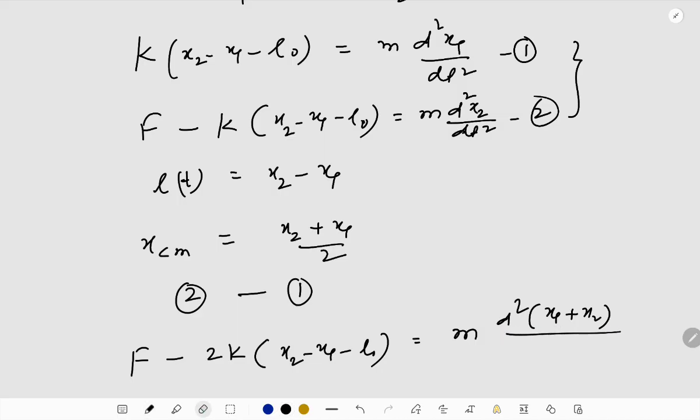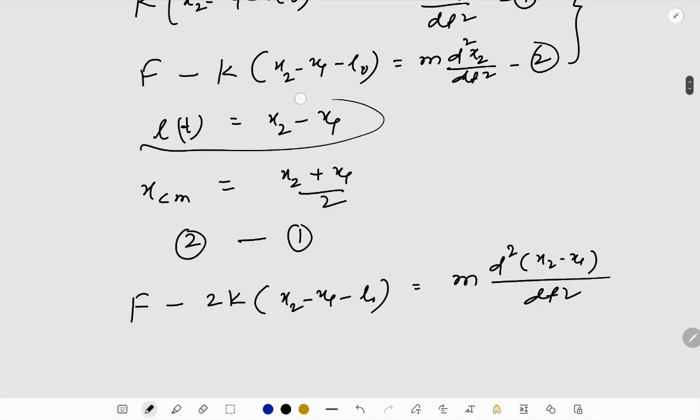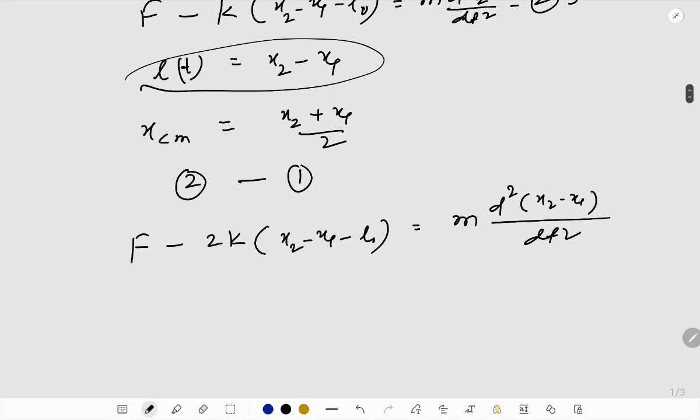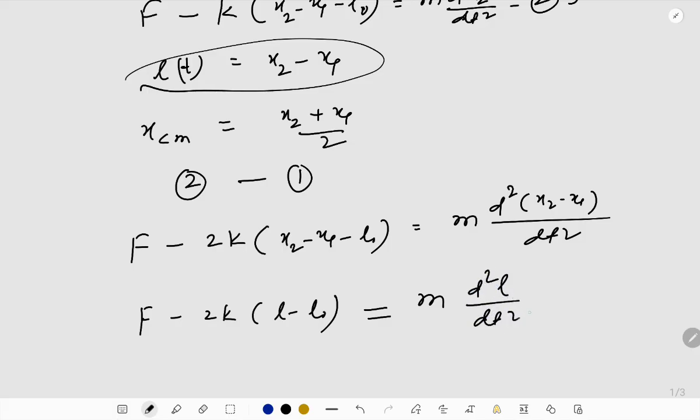I was subtracting it, not adding, so you will get 2 minus 1. And we can use this, so that it becomes F minus 2k times l minus l0 equal to m d2l by dt square.